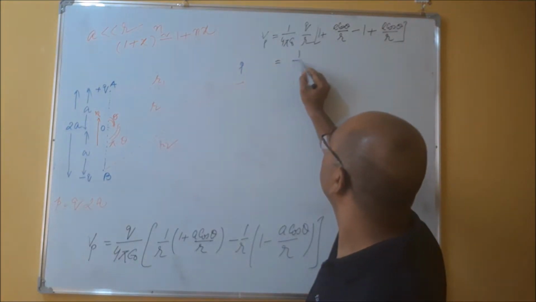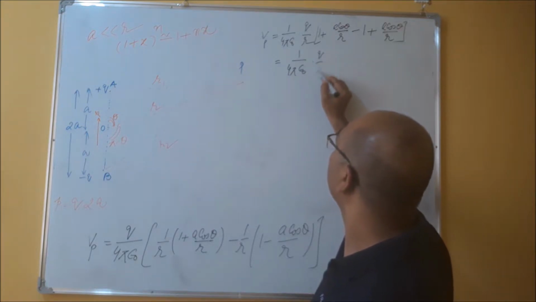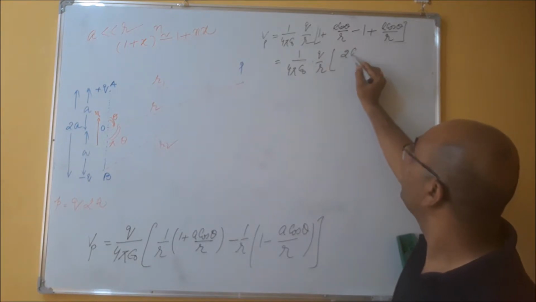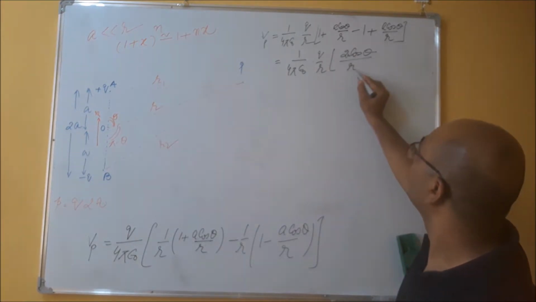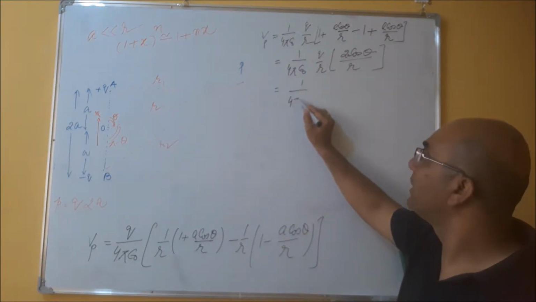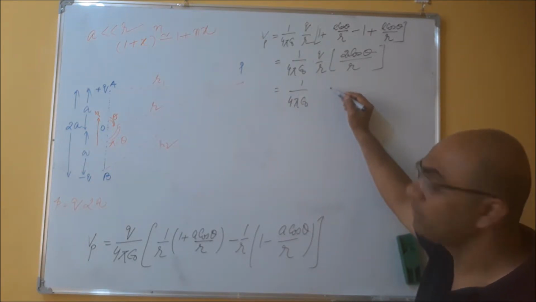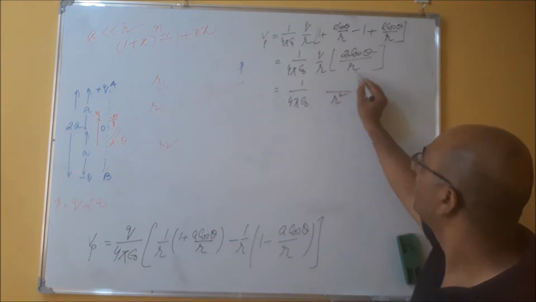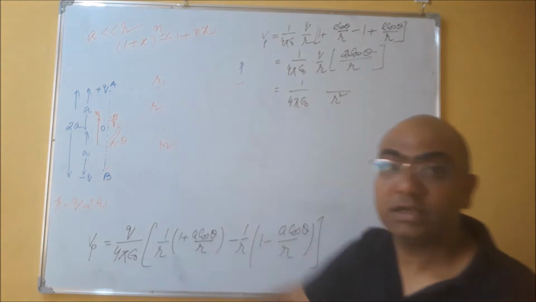Solve this. So 1 upon 4 pi epsilon naught, q upon r. This 1 and 1 are cancelled again, so you get 2a cos theta upon r. Okay, so 1 upon 4 pi epsilon naught. You see here, this will be r square, and q into 2a is p.